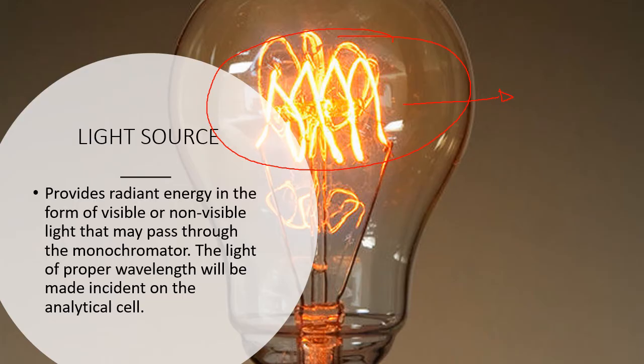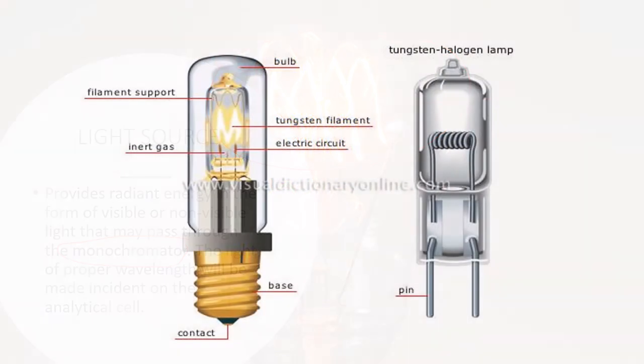It means the whole visible spectrum or UV or infrared kasama siya. Now, sabi dito, dadaan daw siya sa monochromator, which in fact, siya yung mag-isolate ng wavelength na kailangan natin. Okay, so this is a common tungsten halogen lamp. No need to study kasi hindi naman natin field yan.